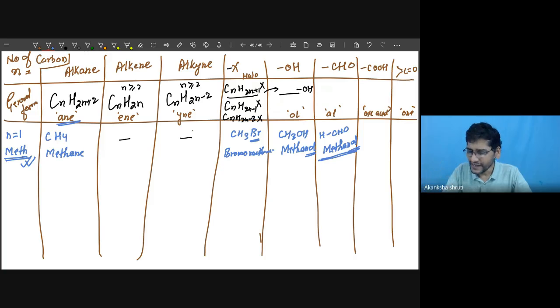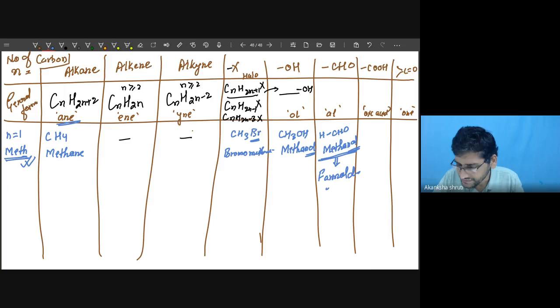A student, in addition to this, one more thing we have to keep in mind. These have a most common name. This is the IUPAC name. The other common name is formaldehyde. Okay, it is asked, so keep in mind. It is also called formaldehyde.